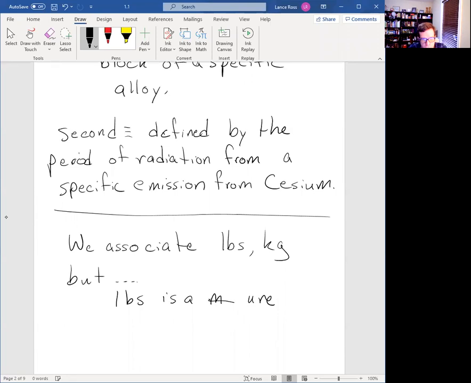Some number of pounds would be a measurement. Right? And kilogram is a unit of mass. So we need to talk about the difference there.